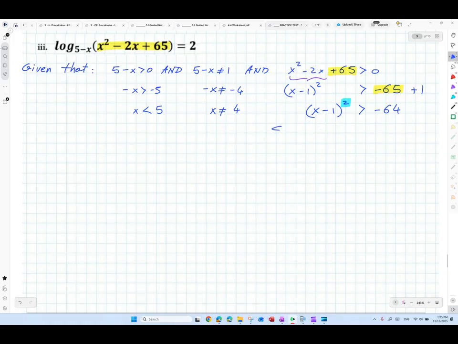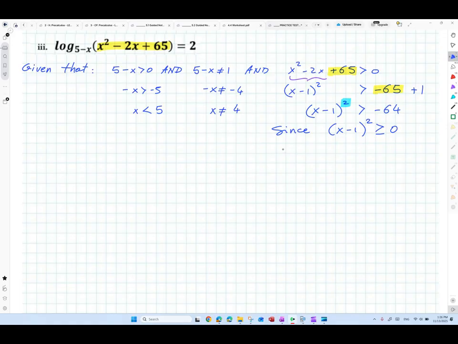You can eventually justify that by saying that x minus 1 squared is necessarily greater than or equal to 0. Therefore, this is always true. So the domain for this part is all real numbers.